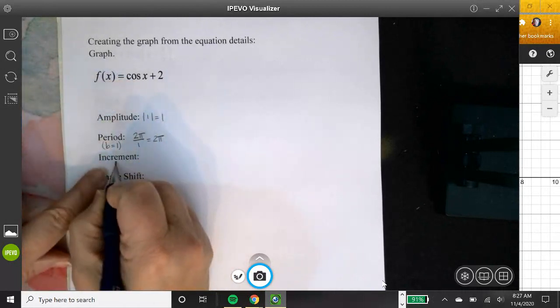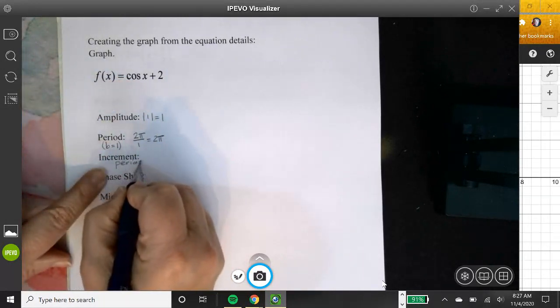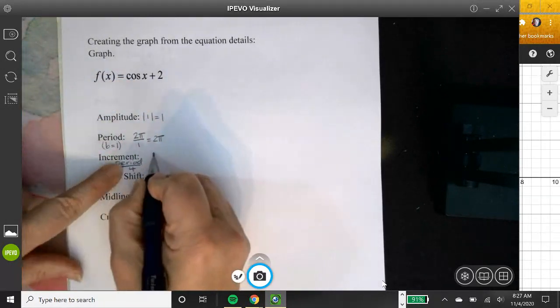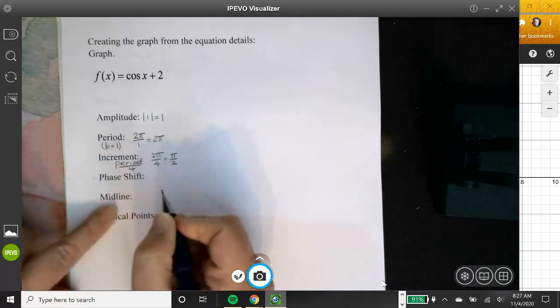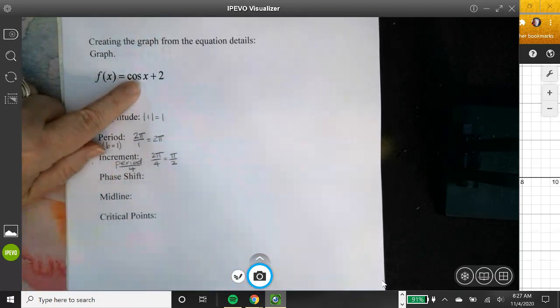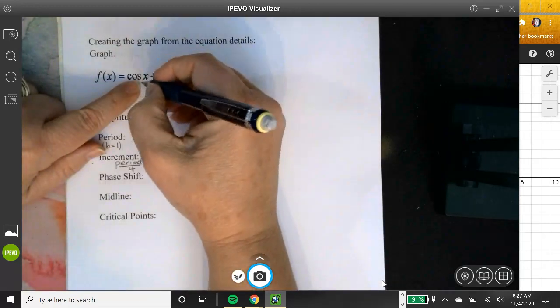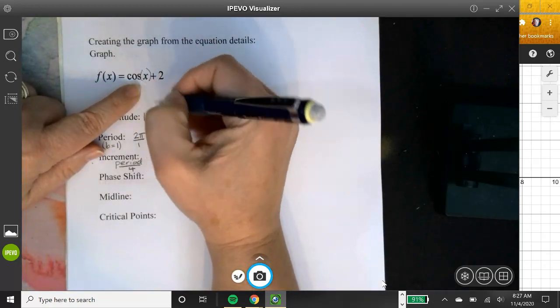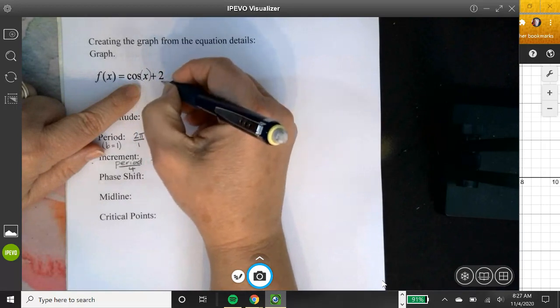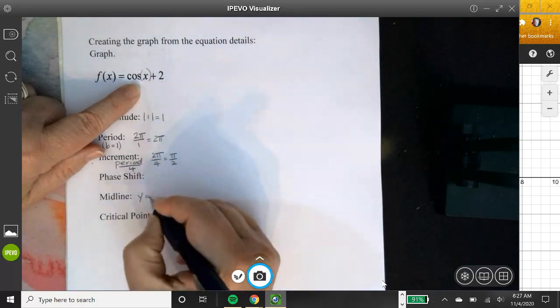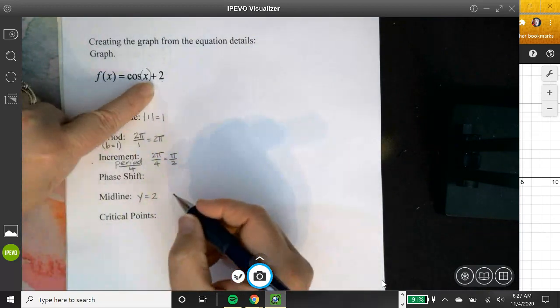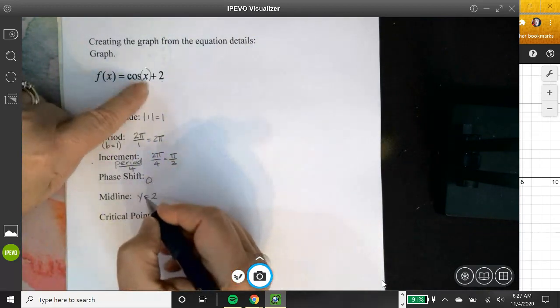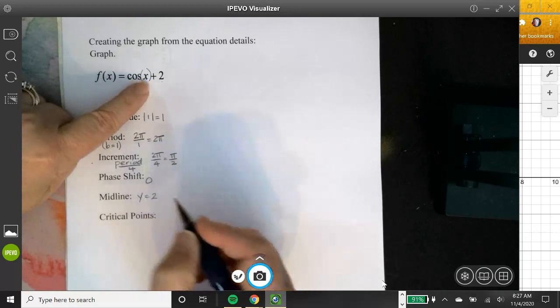The increment is always the period over 4, and that'll be 2 pi over 4, which is pi over 2. The phase shift, now, this is not in parentheses here, so this is the only angle, and then this has to be D. So I know the midline's got to be y equals 2, because that's the vertical shift. I have no phase shift because this x minus c, the c is 0 here.